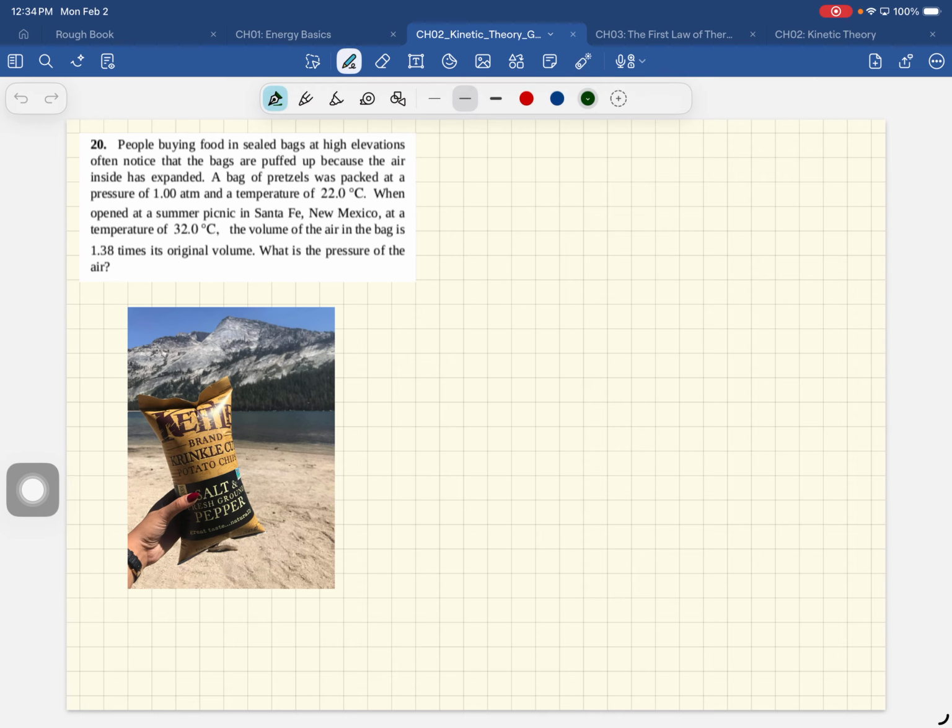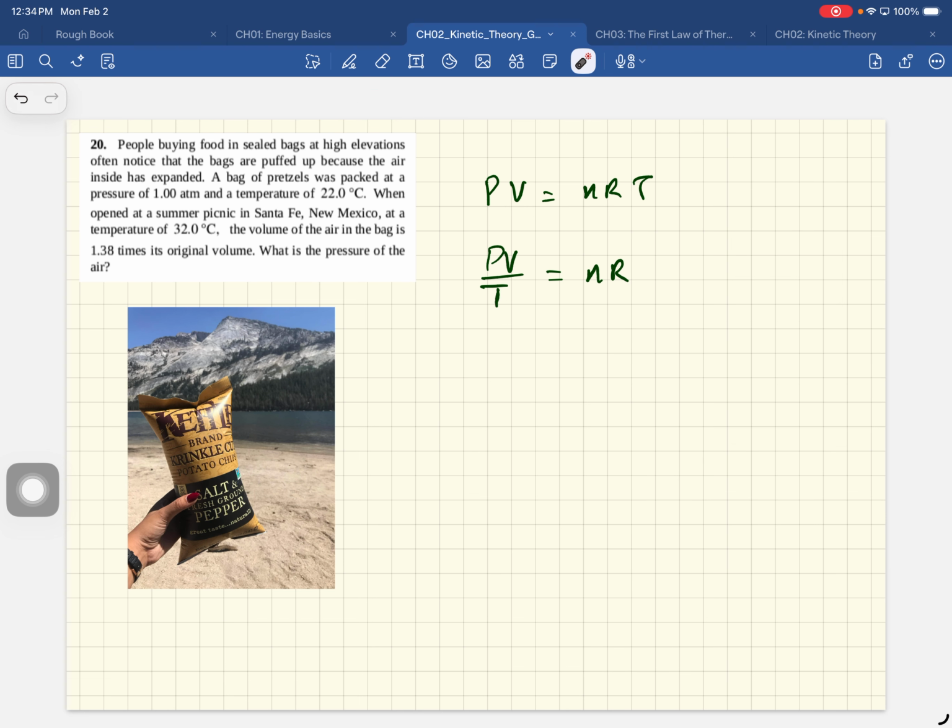We'll use the ideal gas law for this. PV equals nRT, so PV over T equals nR. As long as you don't change the number of moles of gas, this will be constant.